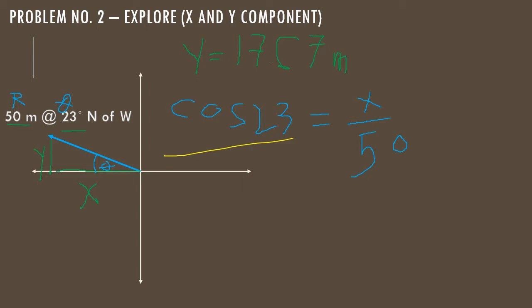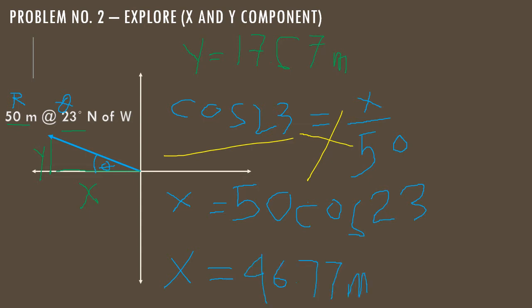So we need to cross multiply. So x is equal to 50 cosine 23. So using your calculator, type 50 cosine 23, then equals. So the answer is 46.77 meters yung x component.